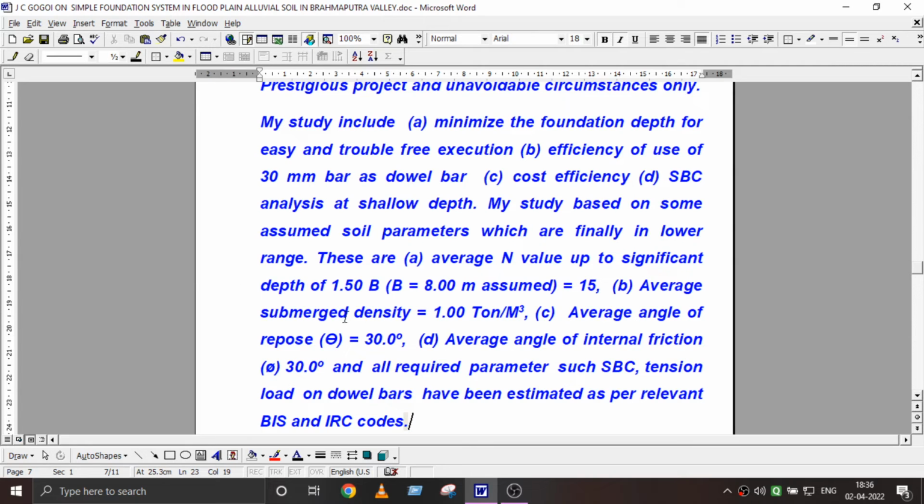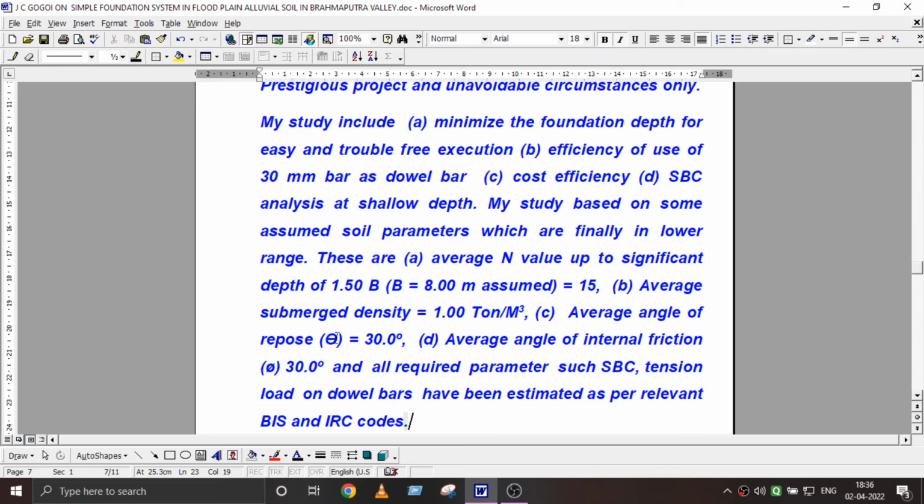Because the angle of repose is 30 degrees, phi shall be a little higher, because in the loosest condition, angle of repose is equal to angle of friction.